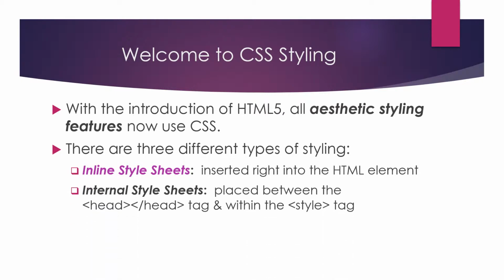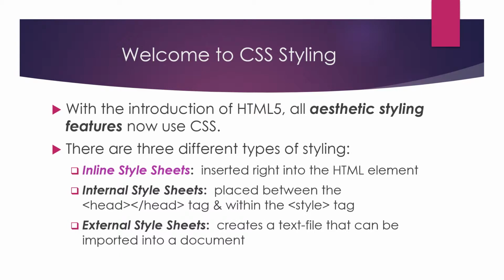We have internal style sheets, which are placed within the style tag that falls between the opening head tag and closing head tag. And then we have external style sheets, which largely create a text file that houses all of our CSS coding and can be imported into a document by linking.